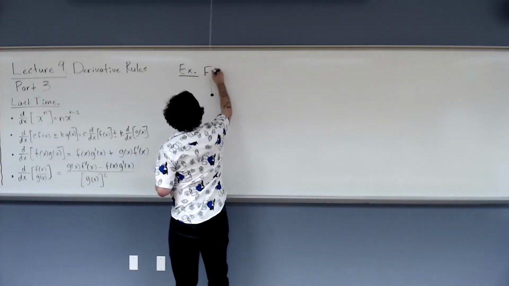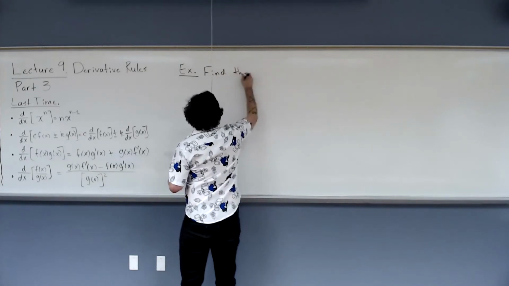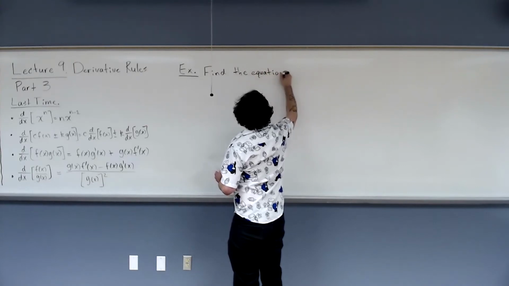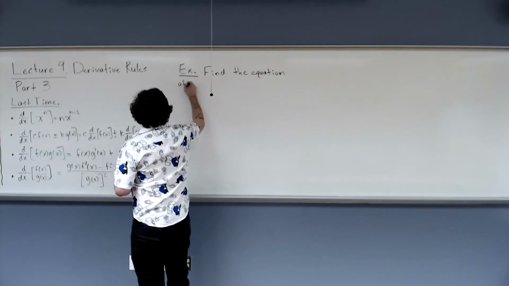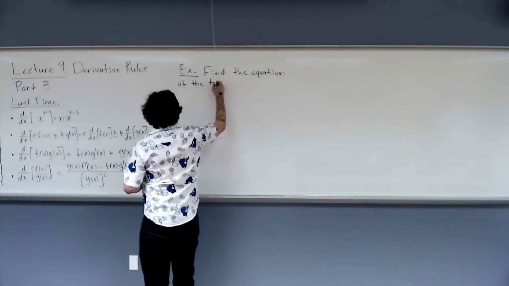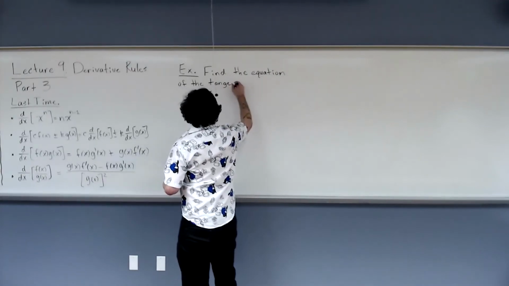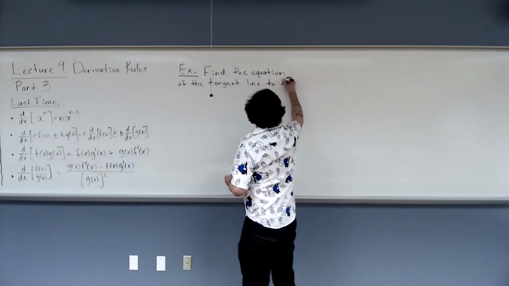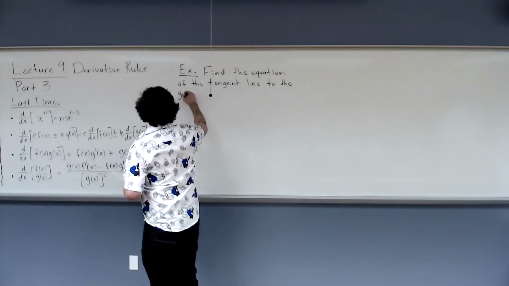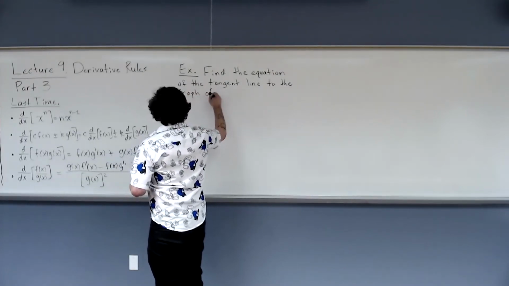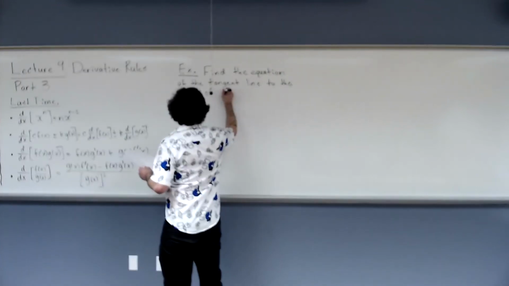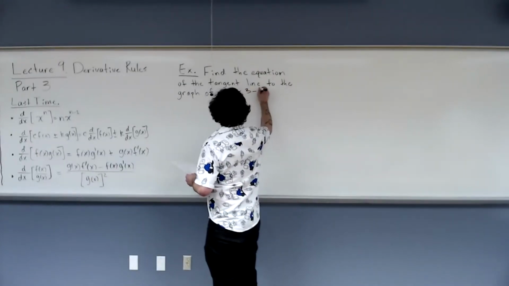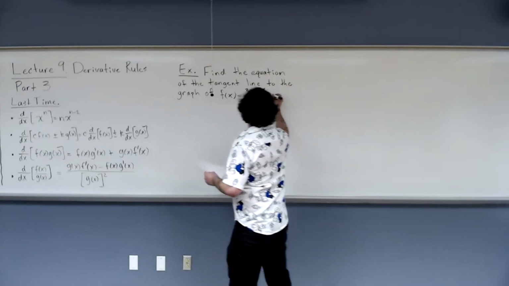The problem says to find the equation of the tangent line to the graph of F of x equals (3 minus 1 over x) all over (x plus 5).